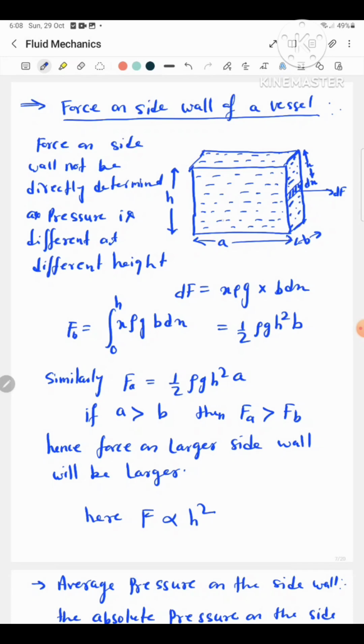Suppose there are three points A, B, C on the same horizontal level. The pressure on the same horizontal level will be the same, but pressure varies vertically.